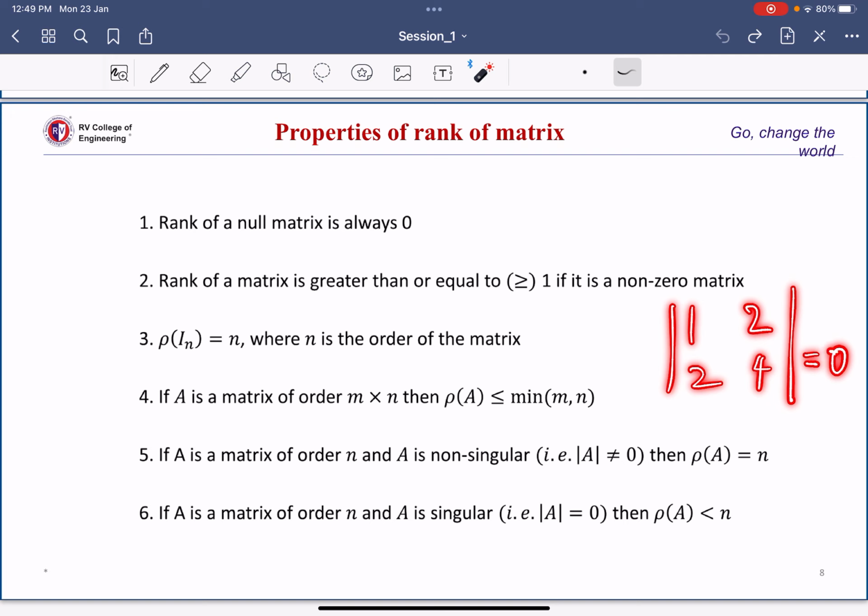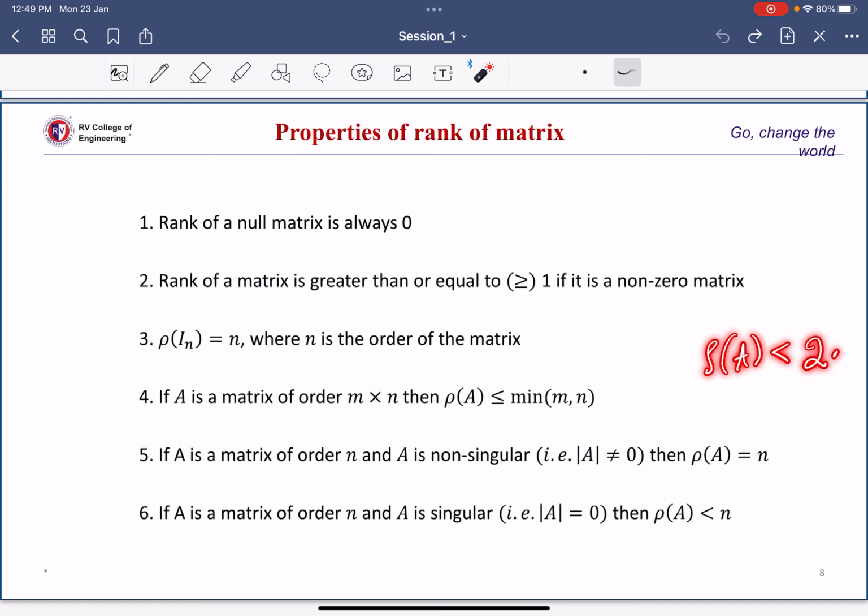So since the determinant of the matrix is 0, that is, it's a singular matrix, the rank cannot be equal to 2, right? The rank cannot be equal to 2 because the minor of order 2 has vanished. So this means the rank of the matrix is less than 2.